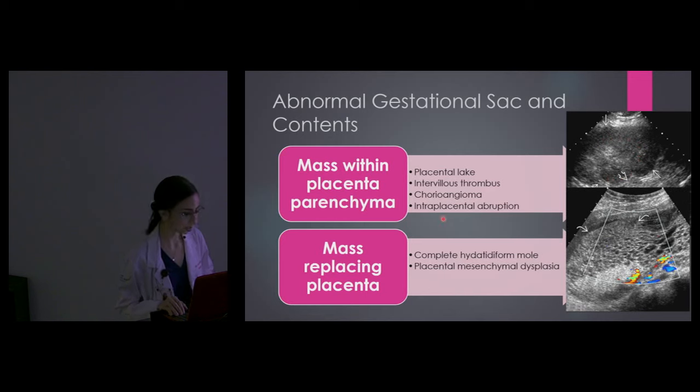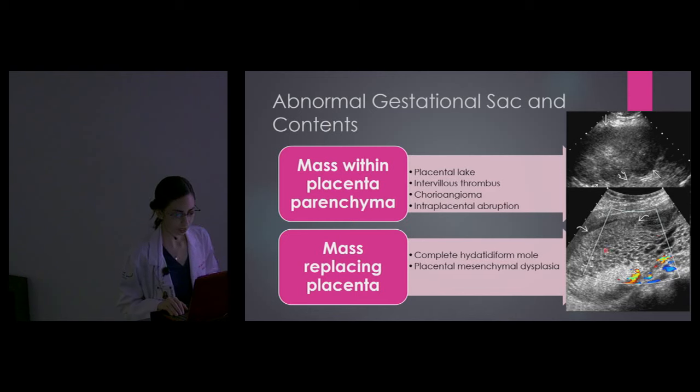And if the mass is replacing the placenta, we can think of a complete hydatidiform mole or a placental mesenchymal dysplasia. The complete hydatidiform mole will present with placental multiple cysts and an absent embryonic gestational sac, and it will be associated with transvaginal bleeding.